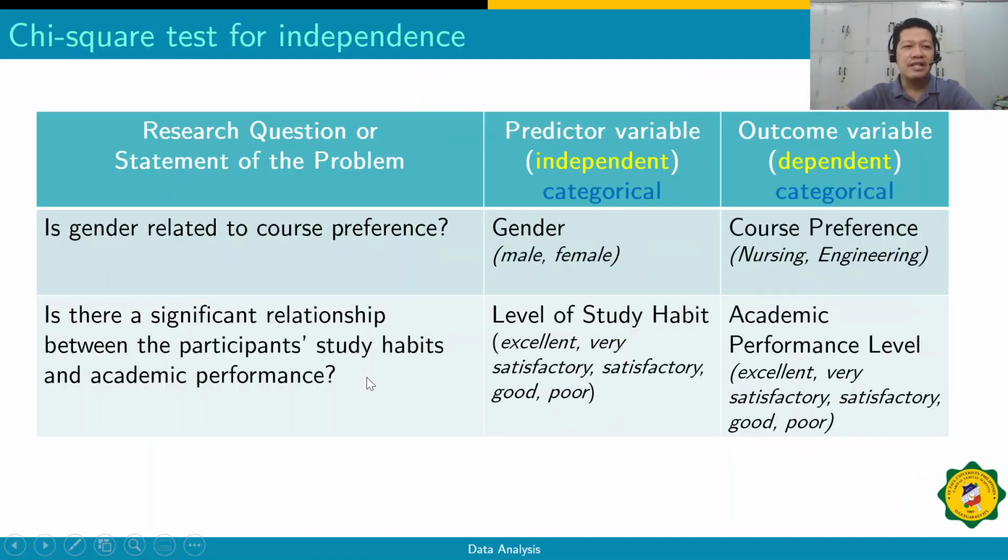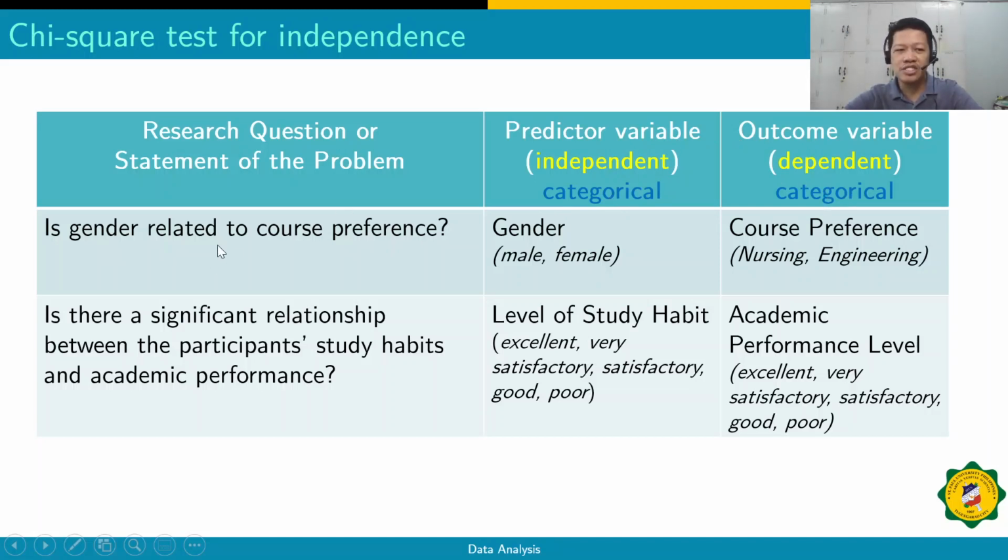For the other statistical tests for independence or association, we have what we call the chi-square test for independence. Let's have this research question. Is gender related to course preference? In a chi-square test, one variable should be categorical and the other variable is also categorical.